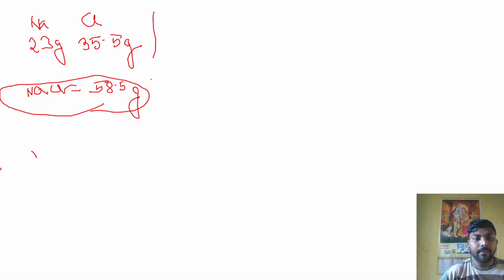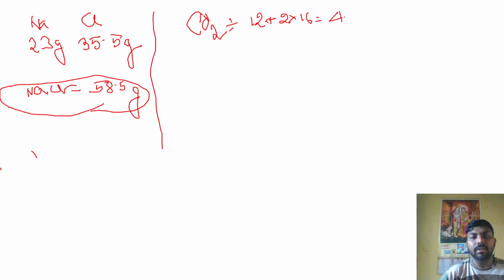Now suppose I give one more example: I have CO2. What is the molecular mass? You can easily say 12 plus 32, since 2 oxygen atoms are there, 2 into 16, that is 32 gram, and ultimately we get 44 gram for carbon dioxide.